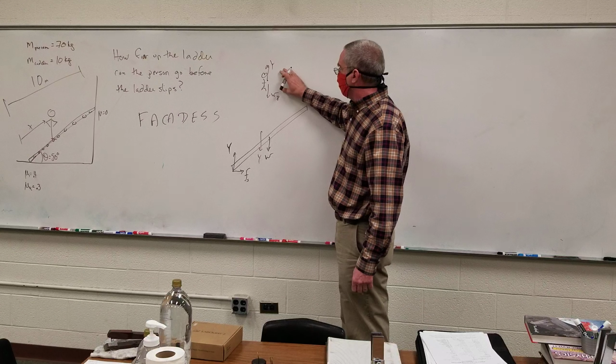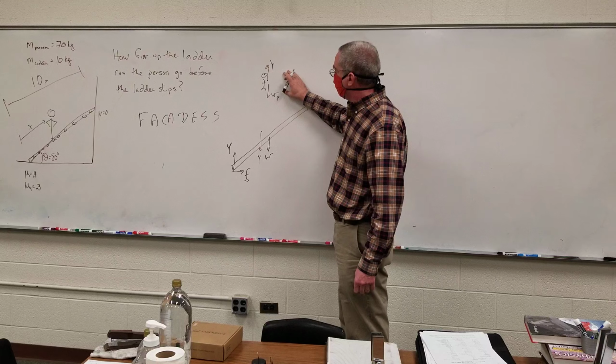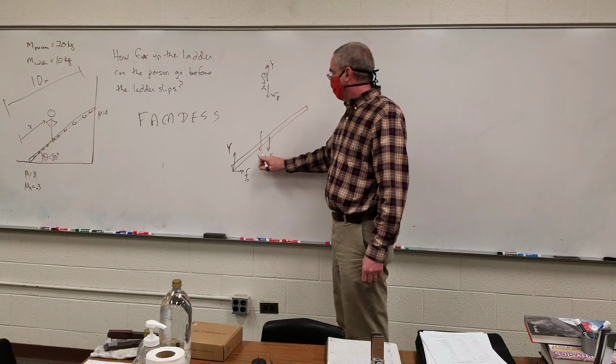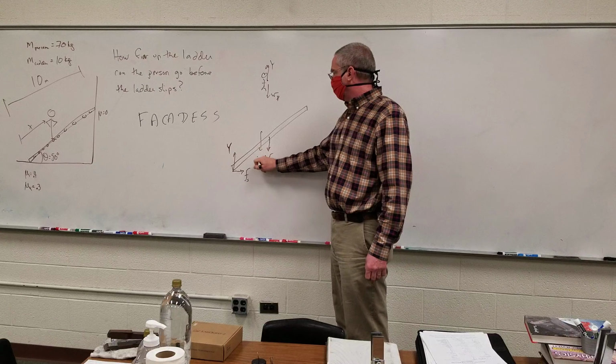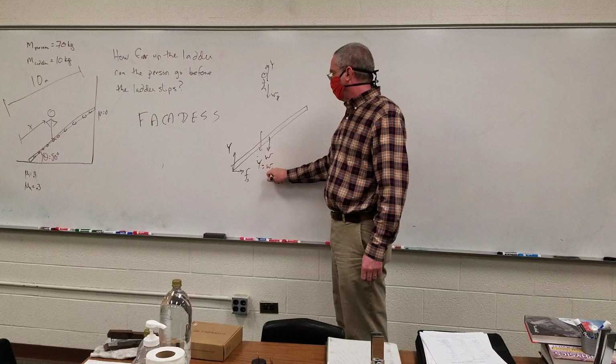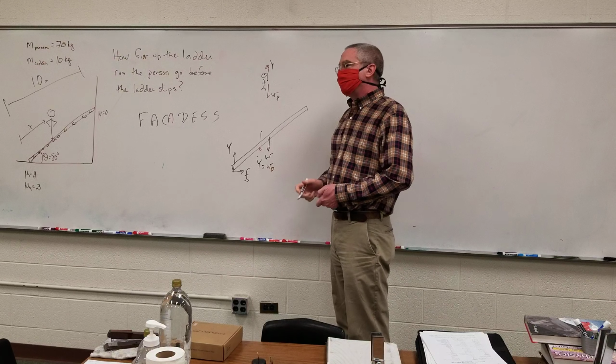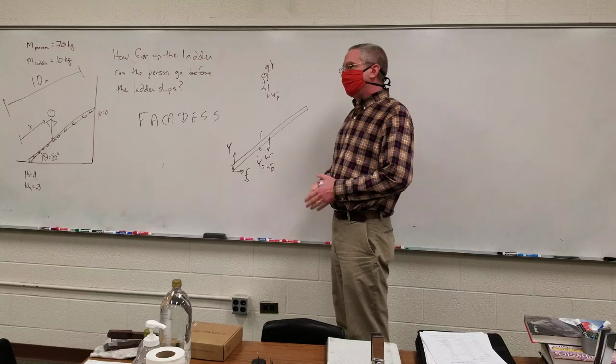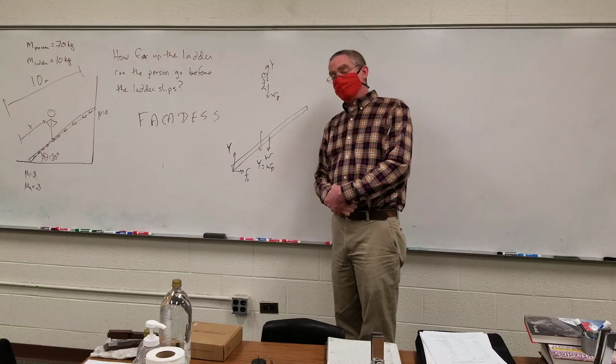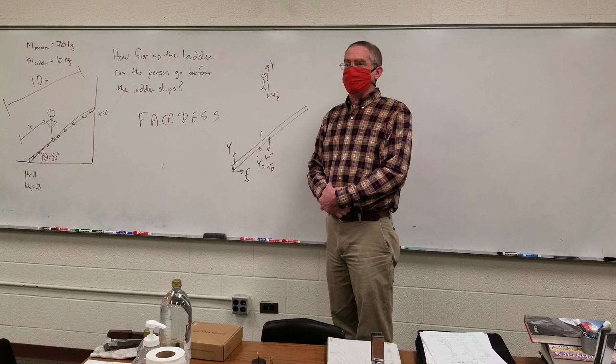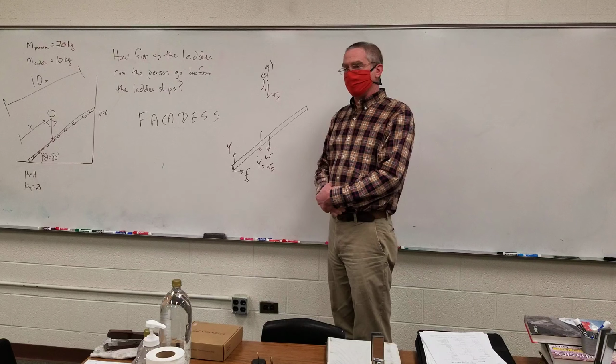If he's in equilibrium, those are equal in magnitude to each other, so I'm just going to write Y equals WP. Wouldn't it not be equal to the weight because it would be acting at an angle? Another question of why is this not like the box on a ramp or person on a ramp problem?